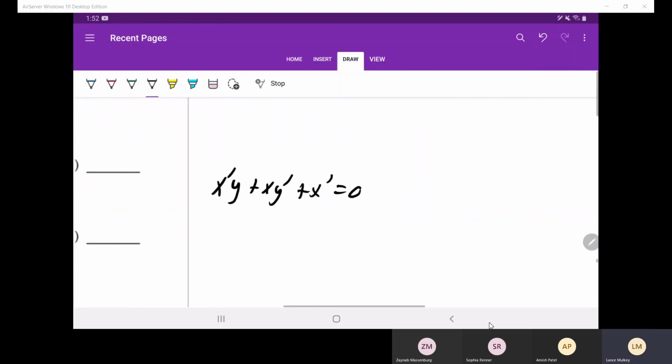All right. So I'm going to subtract x prime, and we're solving for y prime right here. So leave that alone for now. I'm going to subtract x prime y.